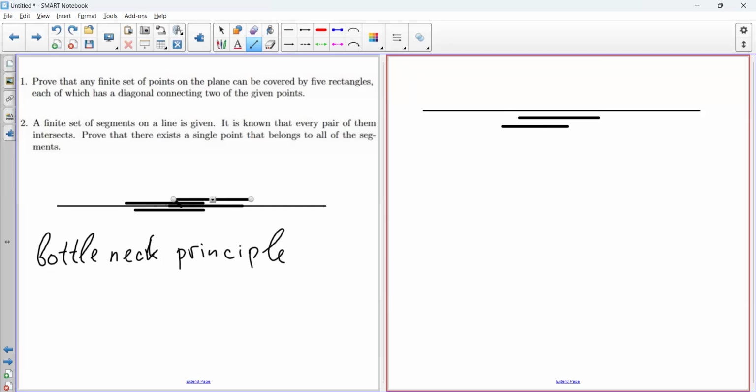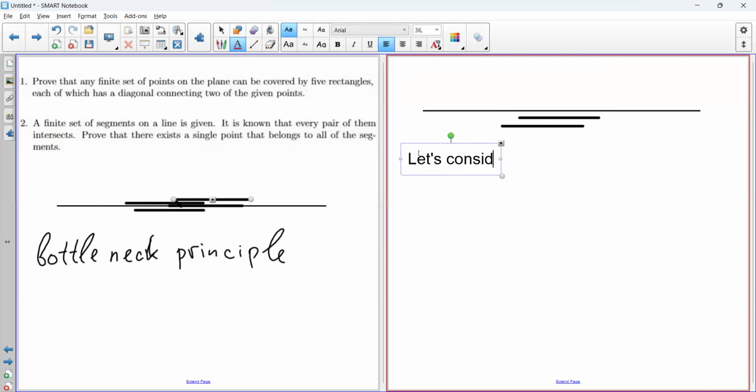What remains is well defining what we want to do, because if I say, let's consider the most left segment of the set, it's not quite clear what that is.